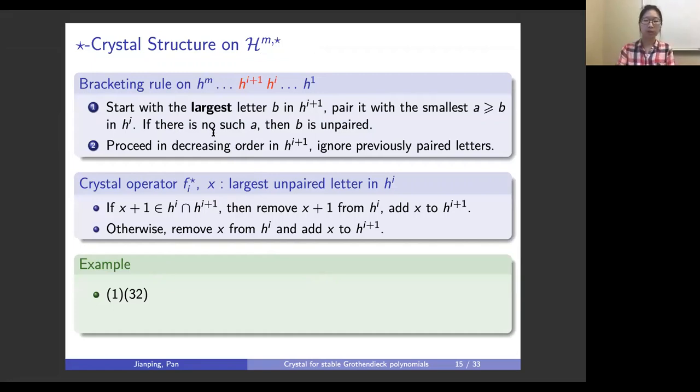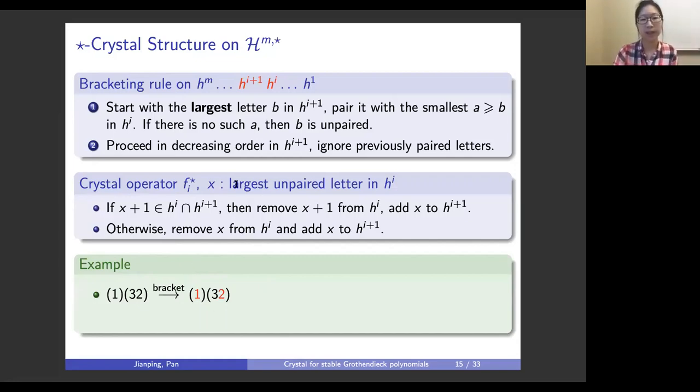You're given an F_i and a decreasing factorization. What you do is look at the i-th and (i+1)-th factors. For example, if you have 1 and 3 2, we do the following. You start with the largest letter on the left, in this case 1. Then you pair it with the smallest letter on the right that's greater or equal to itself. So 1 will be paired with 2, and we are done because we've tried everything on the left.